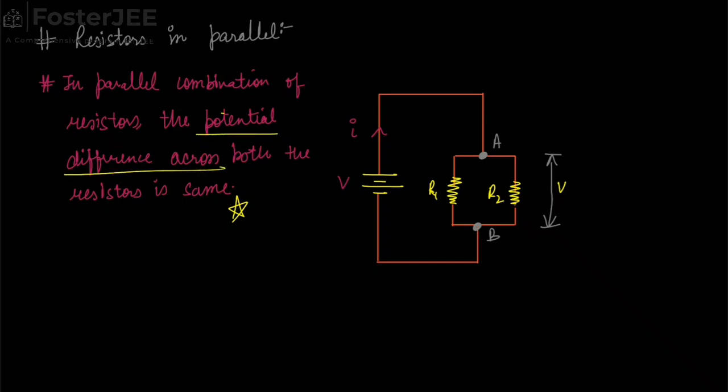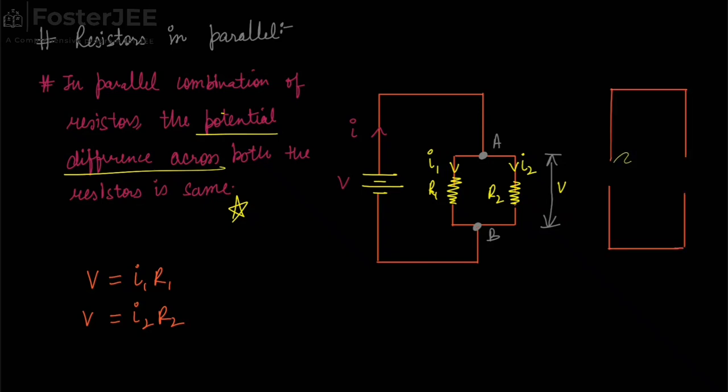Now, we can't say the same about the current. So let's suppose here current goes I1 and here current goes I2. Applying V equals IR for the R1 resistor, we will get V equals I1 R1. For the second resistor, it will be I2 R2, since the potential is the same. Now, if we replace this circuit with a common circuit having only one resistor, that is R or R net.